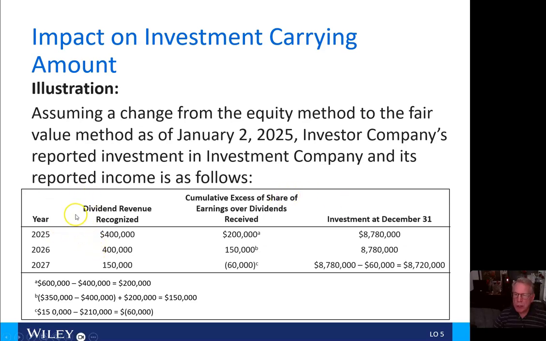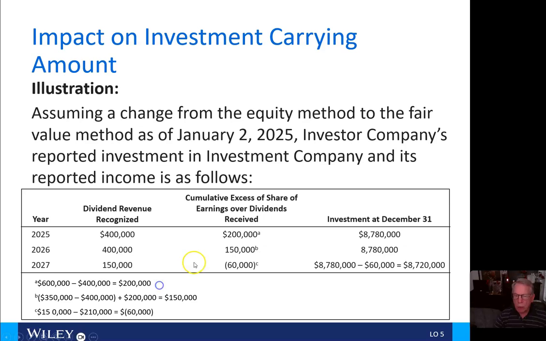Here we show the dividend revenues recognized for 2025, 2026, and 2027. Then we show the cumulative excess of share of earnings over dividends received here of 200,000, 150,000, and a negative 60,000. How we get this is explained here.